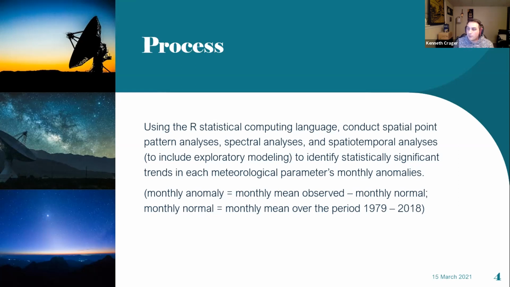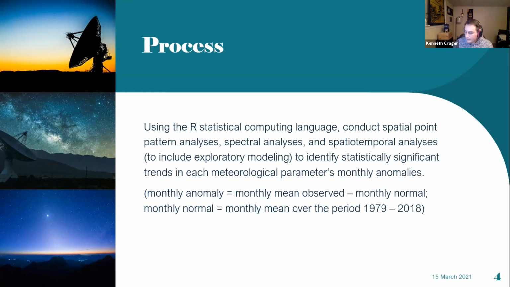So I'm pulling all of my data from a data set called ERA5. It's the 5th generation of the ECMWF's reanalysis model. So it's a very, very mature, I guess you could call it a climate model that has gone through and processed so many different parameters to give us an idea of what has been in the past where we don't have observations.